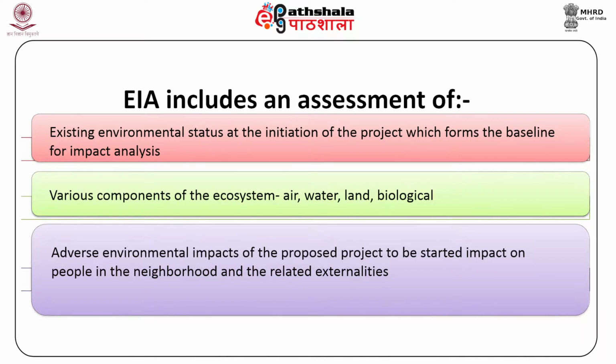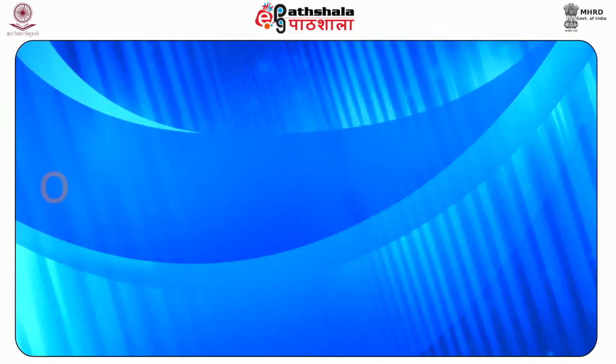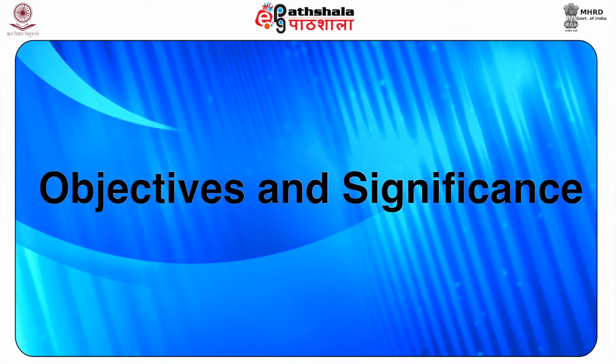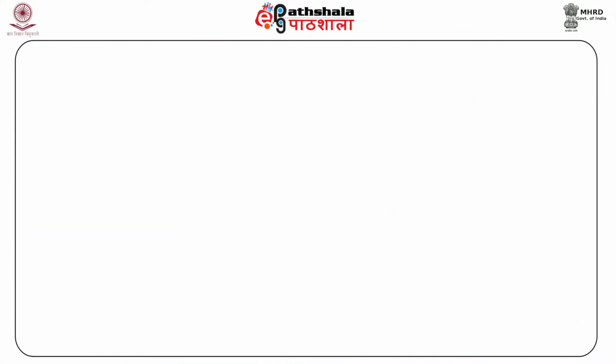Various components of the ecosystem, that is air, water, land and biological factors. 3. Adverse environmental impacts of the proposed project to be started, impact on people in the neighborhood and the related externalities.